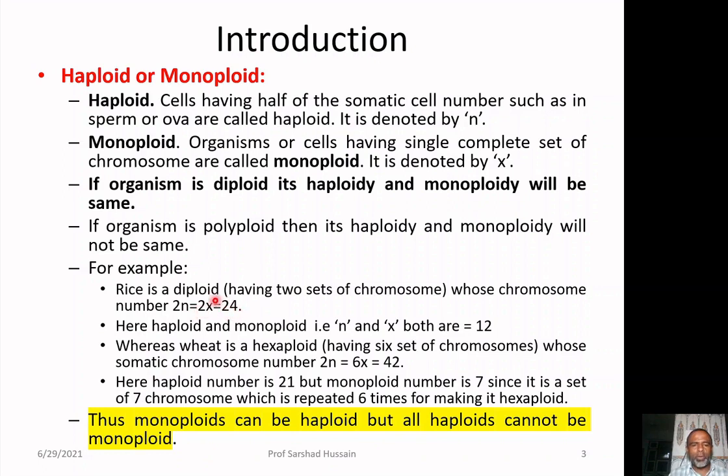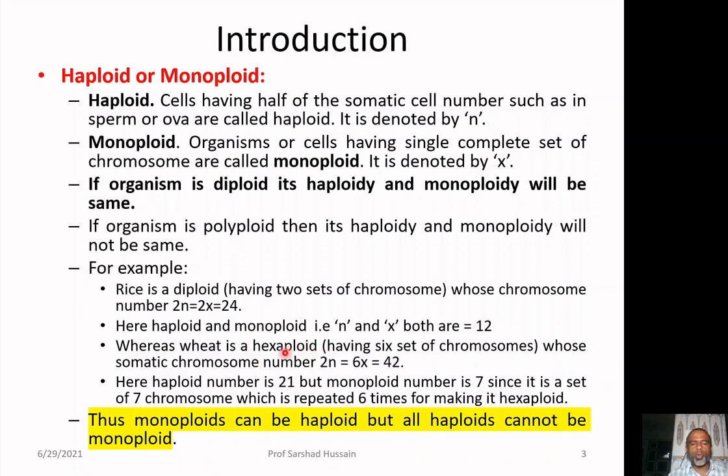And if you are looking at this diploid, here the haploid and the monoploid both will have the one set, because half of the somatic chromosome number is again having one set, and otherwise also it is having the one set. So, here in case of the diploid condition, the haploid and monoploid is same, that is both n and x will be 12.